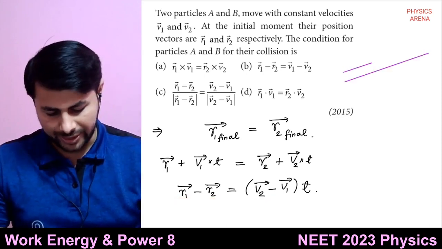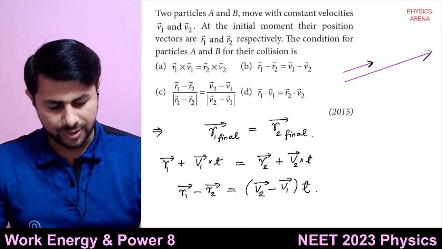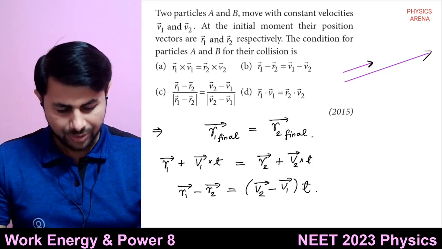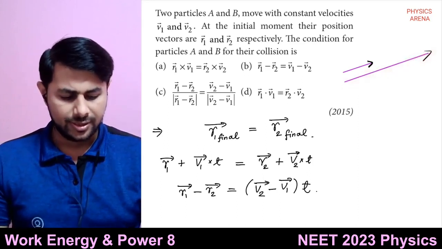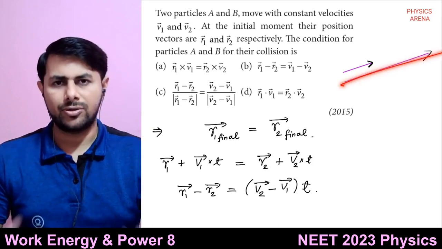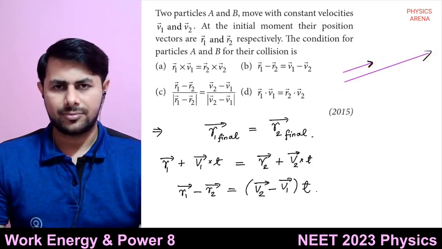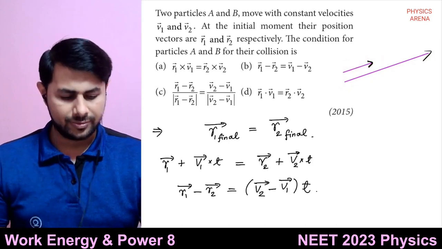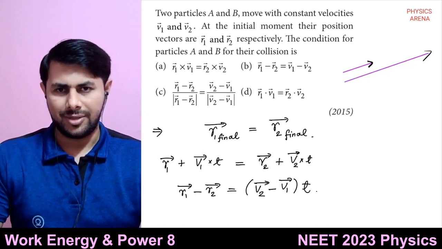Let's suppose these are two vectors and these two are parallel to each other. Then only I can write that this vector is equal to some number multiplied by this vector. If they are parallel only, then only I can write like that. Yes, no?